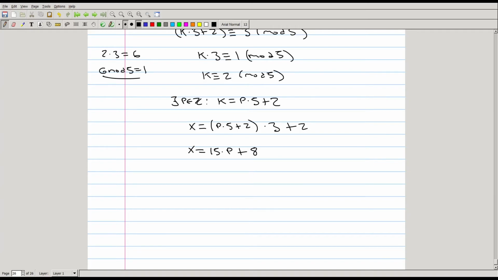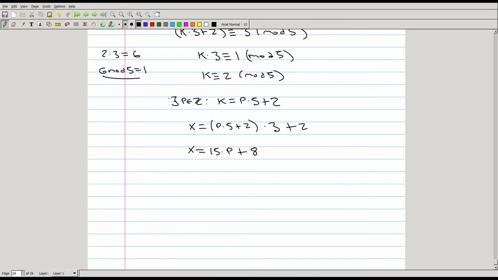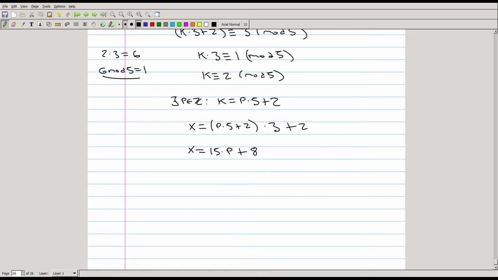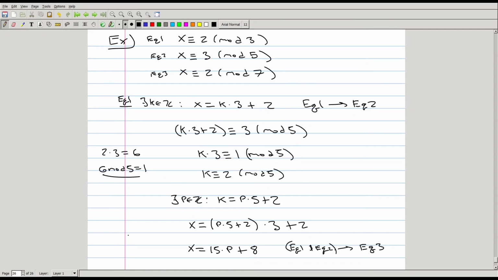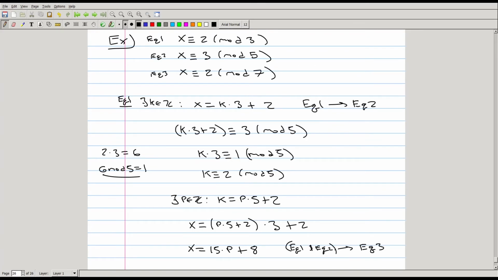And lastly, what we do is substitute this into the third equation. This is the solution for equation 1 and equation 2, and we substitute this into equation 3 and solve for p. So 15p plus 8 must be congruent to 2 mod 7.